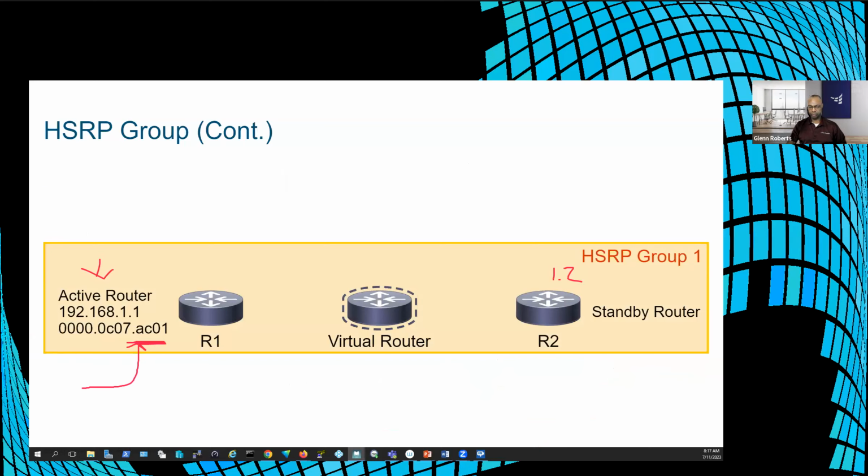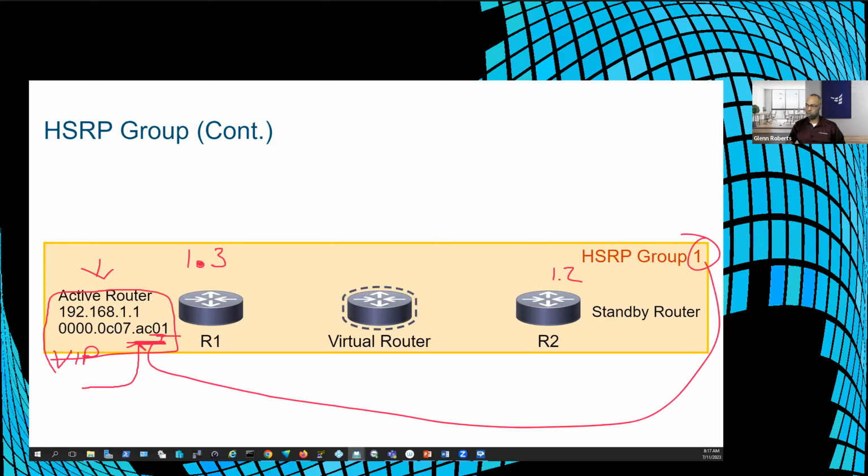There's the VIP. Now, when we normally do this, for whatever reason, they make this one 1.3. And then this becomes the VIP over here. You look at the group number, you see it right there, 01 in hexadecimal.